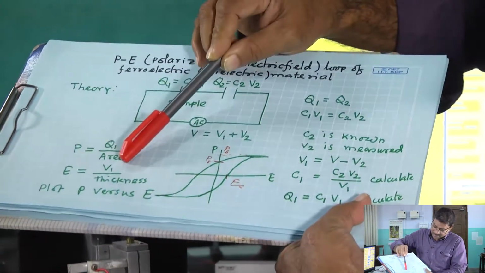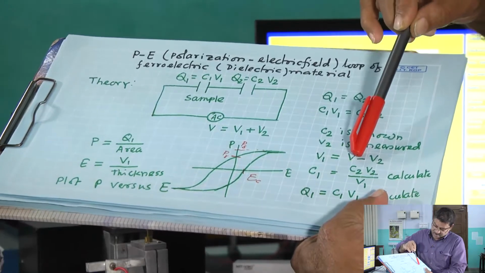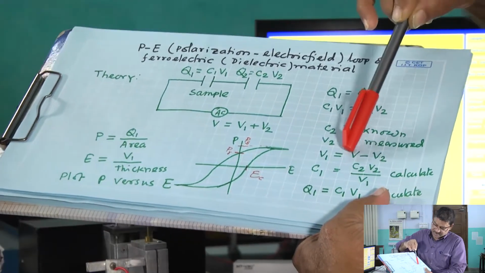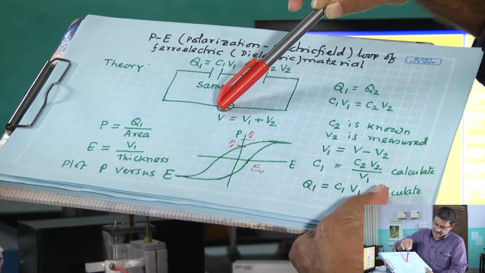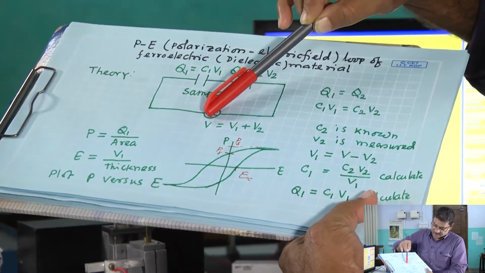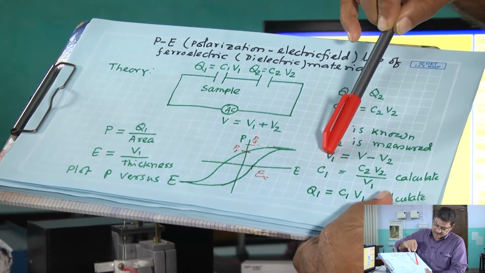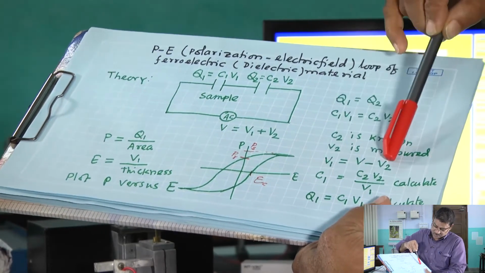How can V1 be varied? This V can be varied. Corresponding V1 will be different and V2 will be fixed.